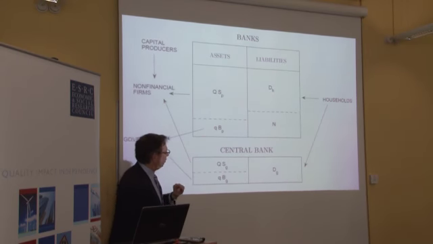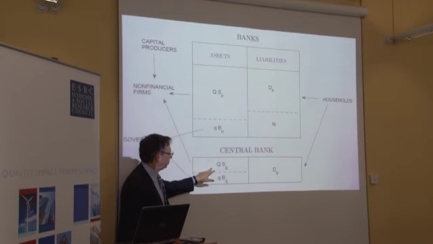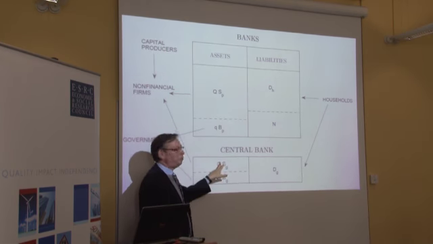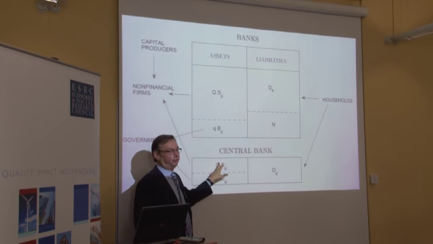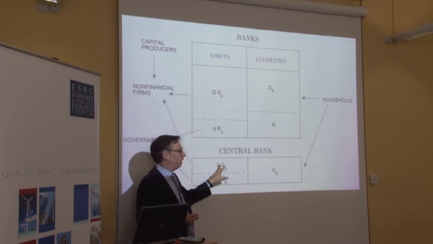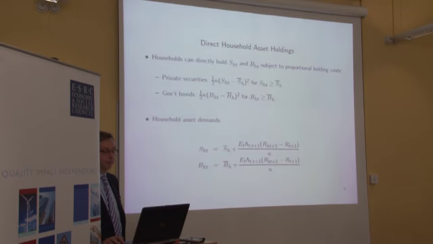And what you can show is that, since the friction is greater with loans and private securities than with government bonds, an equal dollar purchase of the private security is going to have more bang for the buck than purchase of the long-term government bond.